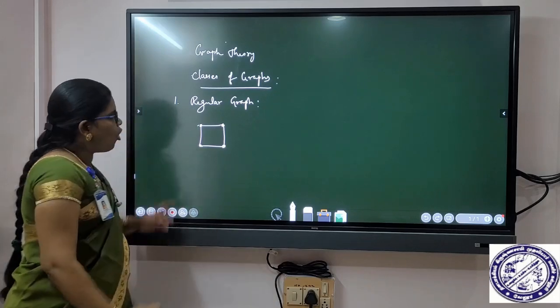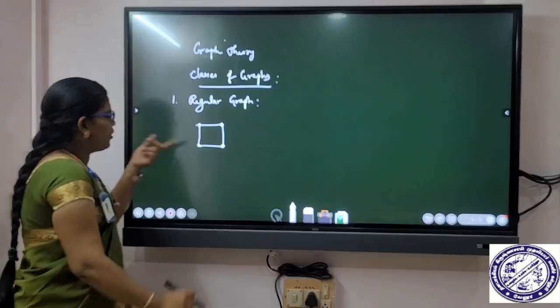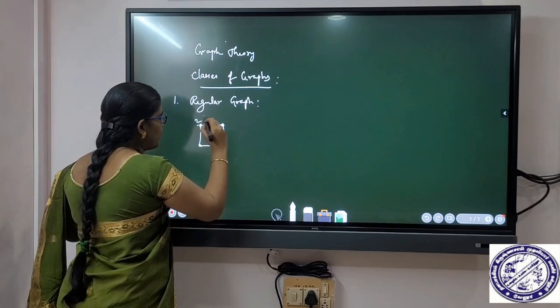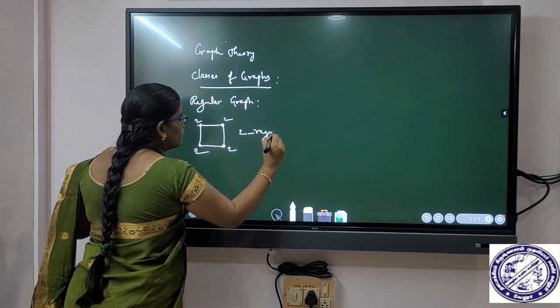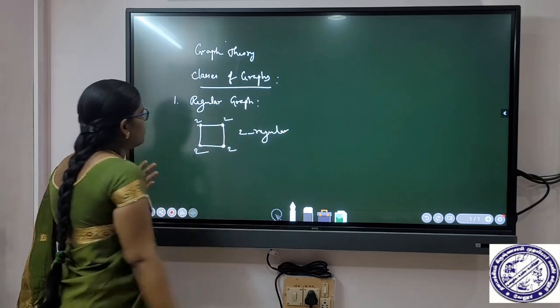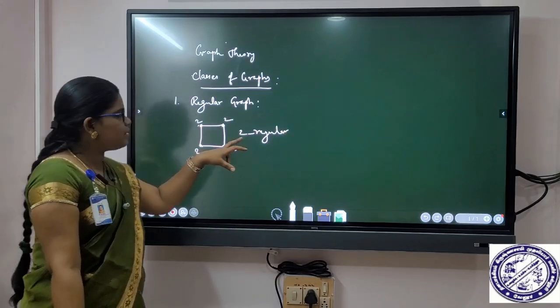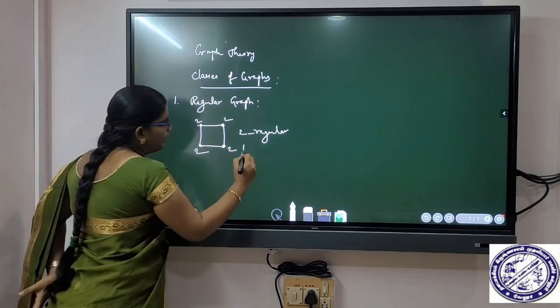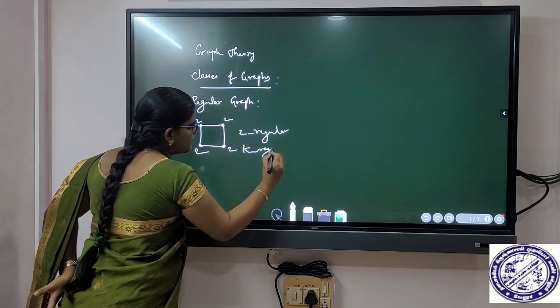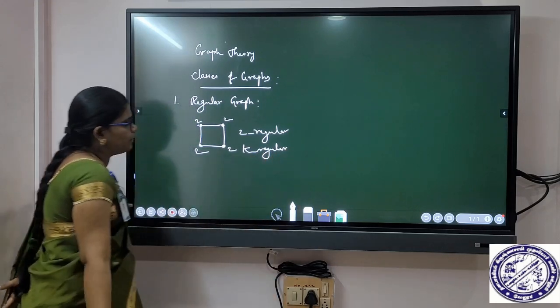In a regular graph, all the vertices have the same degree. In this graph, all the vertices have degree 2. So this is a 2-regular graph. If all the vertices have degree 3, the graph is a 3-regular graph. In general, if all the vertices have degree k, it is called a k-regular graph.